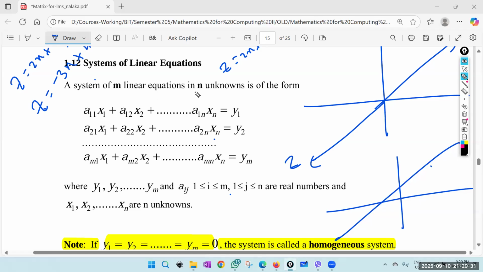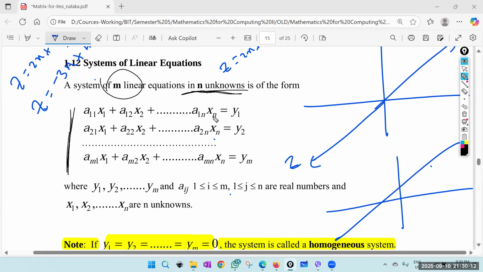So n unknowns means n dimension, right? And we have m number of linear equations. So we have m number of equations, 1, 2, 3, up to m, and n unknowns, x1, x2, up to xn, because you can't say x, y, z when you want to generalize, right? So rather than x, y, z, we just say x1, x2, xn. Basically, x1 is a variable. You can think x1 is x, x2 is y, x3 is z, but we generalize it to xn.